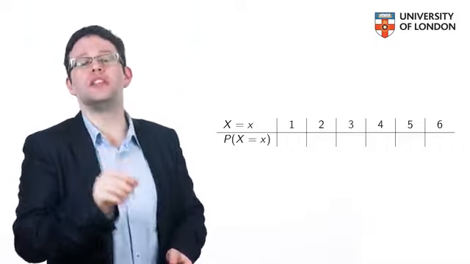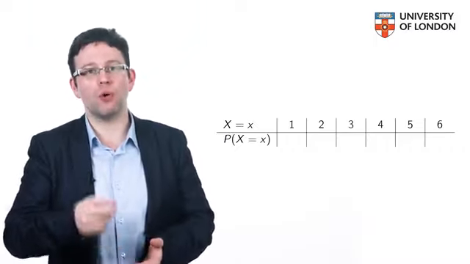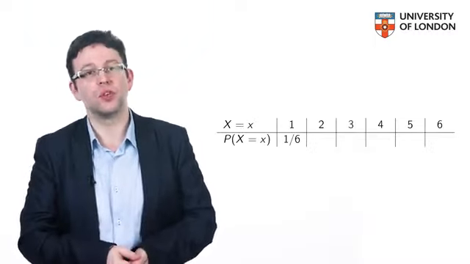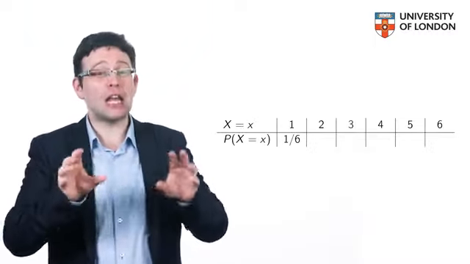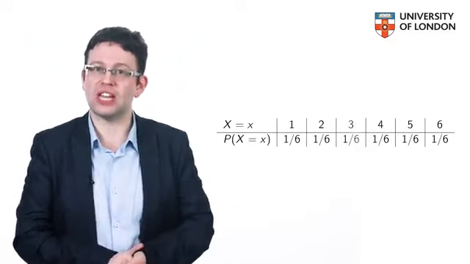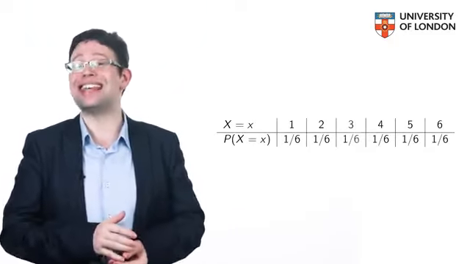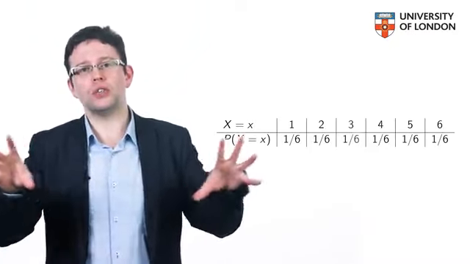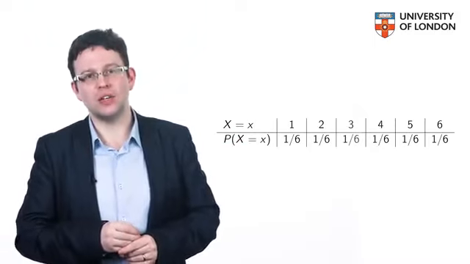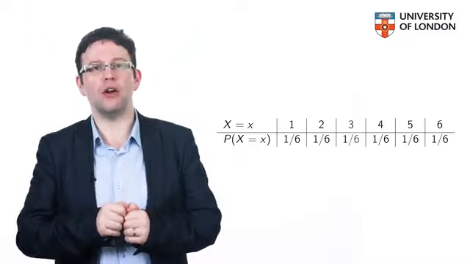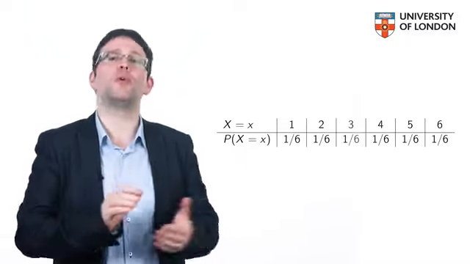Only one of these 6 outcomes corresponds to rolling a 1, and hence the probability of a 1 would be 1 over 6. Of course, we would get exactly the same probability for the other 5 possibilities of 2, 3, 4, 5 and 6, again treating these as equally likely outcomes. So here we see our first formal probability distribution: each possible value of the random variable and assigned to it its corresponding probability of occurrence.